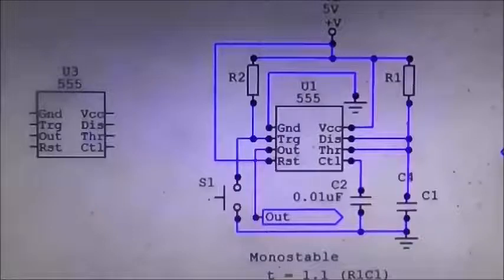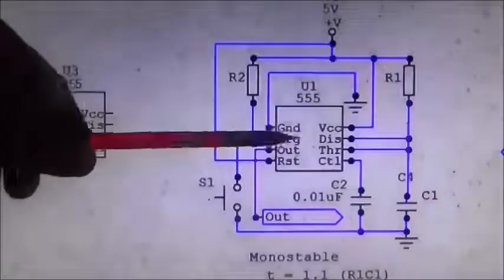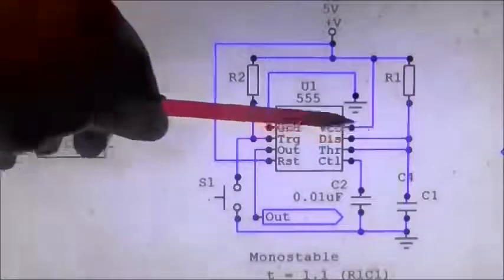And it resets the flip-flop when the voltage it sees exceeds 2/3 of the voltage at the supply. And when that happens, the flip-flop goes from the high to the low state, and we get a low at the output. It also connects directly to the RC timing circuit.